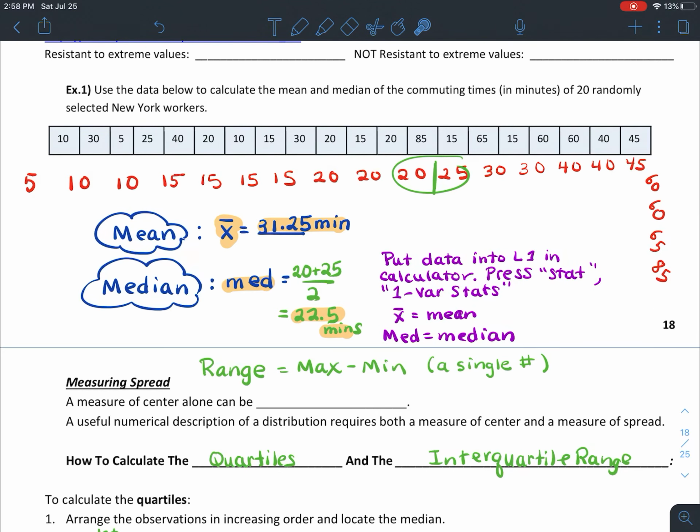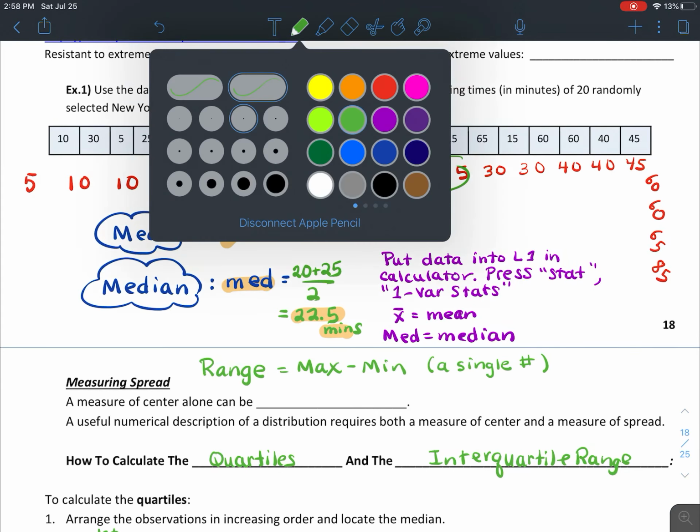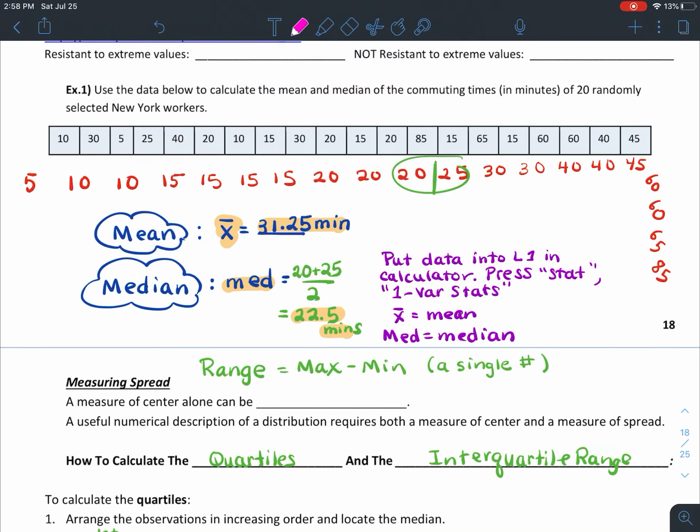It's going to pull the mean towards the outlier. And so in stats, we say that the mean is not resistant to those extreme values or outliers. Okay, so not resistant to extreme values or outliers. The mean is not resistant.